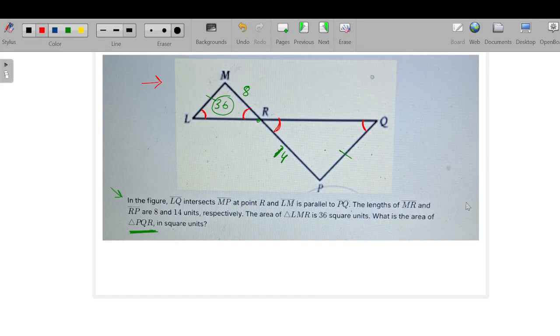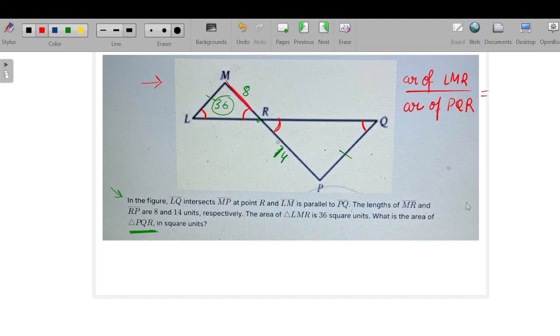Okay. Now if they are similar, do you know there is a relation between the areas of both the similar triangles and their sides? So I can say that the ratio of areas equals the ratio of the squares of their sides. So let me write, so that you can understand better after writing. Area of LMR over area of PQR equals whatever is the side.